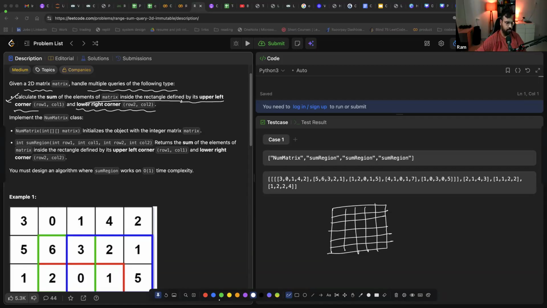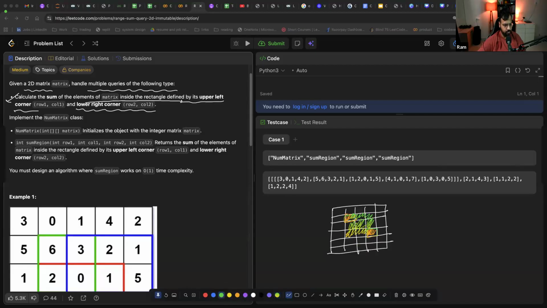So we will be given one coordinate of one box here and one box here, and we need to find the sum of all the numbers in this range. These two things will be given to us.